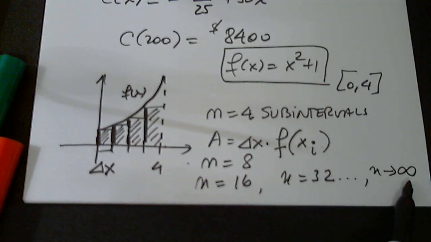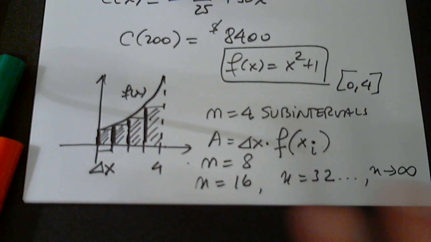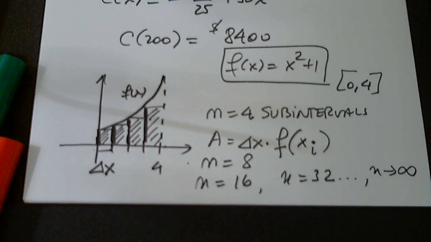Do you think that if n goes to infinity, I will have an exact area with no underestimation, overestimation? What do you think? The answer is yes. The more subintervals, the better the estimate. And if n goes to infinity, for sure there's going to be no error. But what concept is this from what we studied so far in this class?